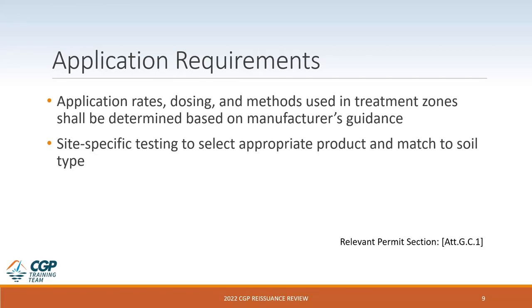So particular chemicals will perform at their best with certain soil types. And typically a jar test is used to try and identify the best chemical product to be used.